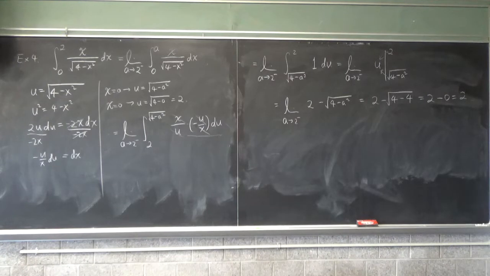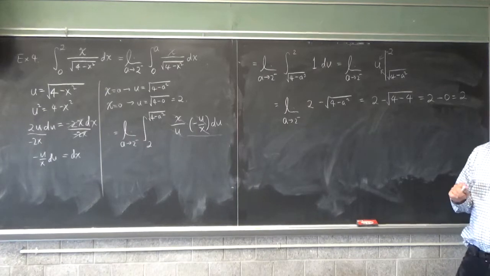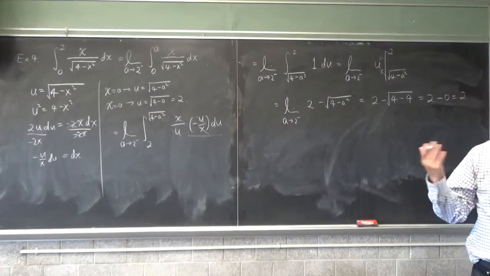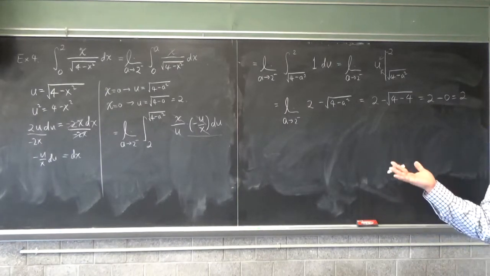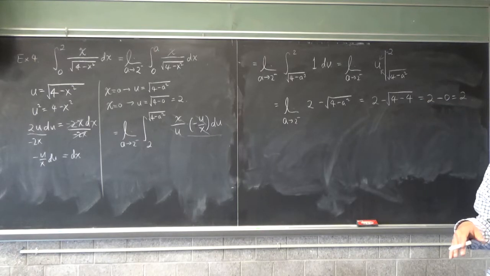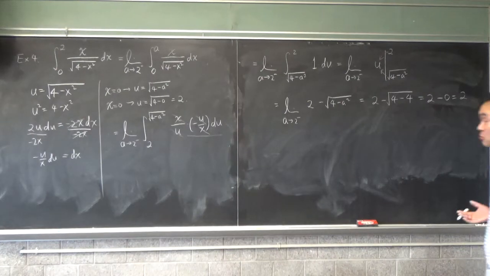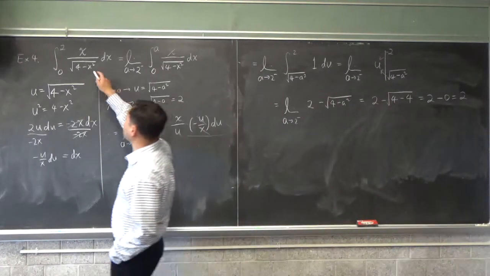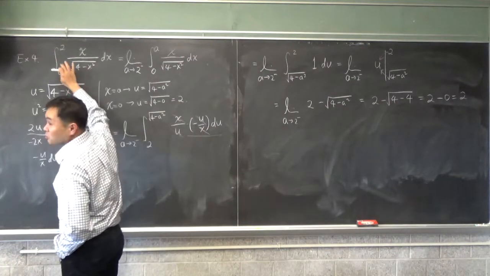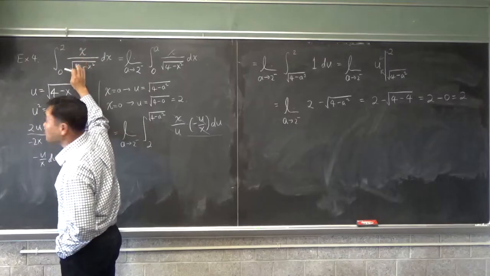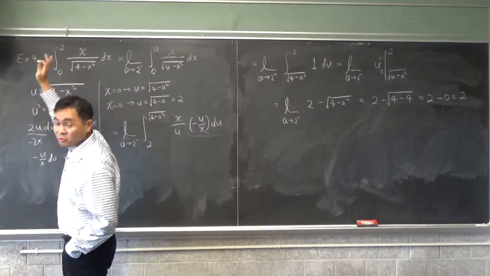So this is a case where you have a definite number. These improper integrals sometimes will give you infinity, sometimes it's going to give you a number. When it does give you a number, you should also check whether it makes sense. Because, for example, this is a positive valued function from 0 to 2. The denominator is always positive, and x itself is positive from 0 to 2.